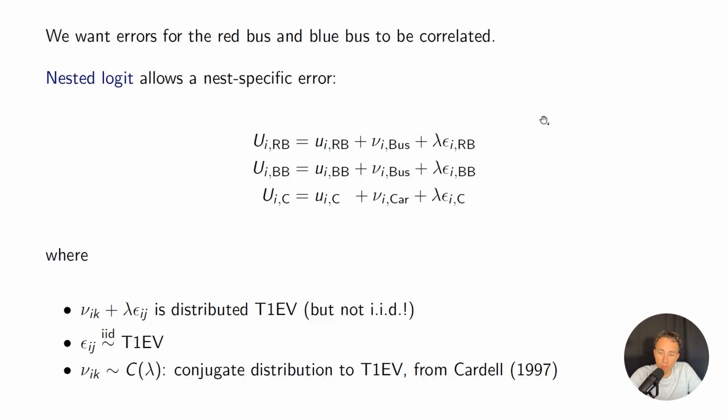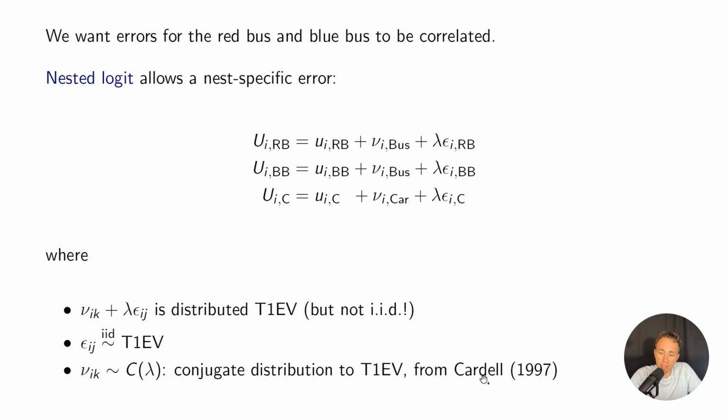Now, what's going on with these composite errors? I didn't tell you what the distribution of nu is. I did tell you that epsilon is type 1 extreme value IID. And it turns out that nu plus lambda times epsilon is also distributed type 1 extreme value, but not IID. If it were IID, then we would have the IIA problem all over again.